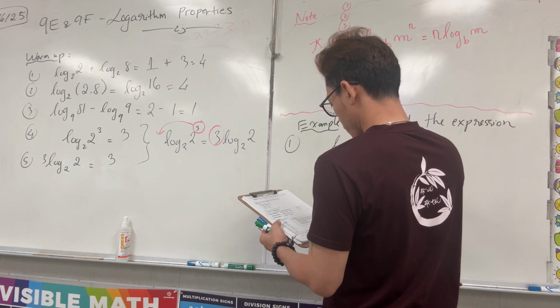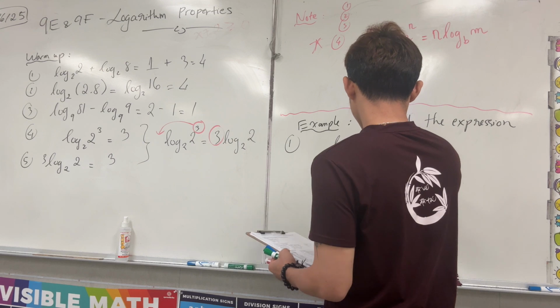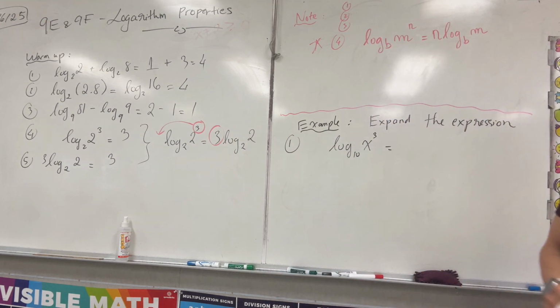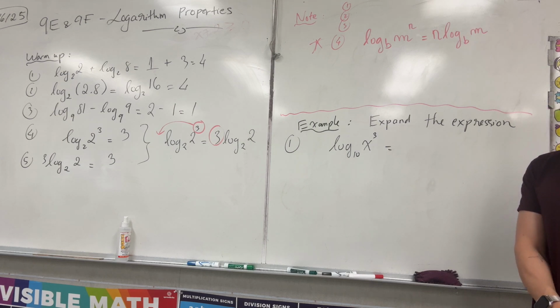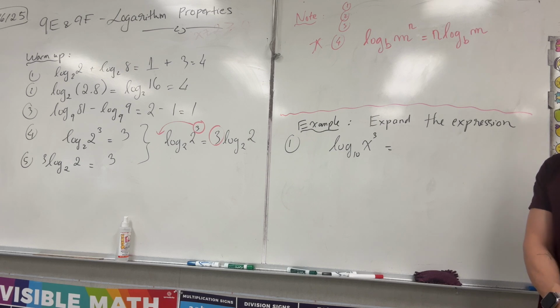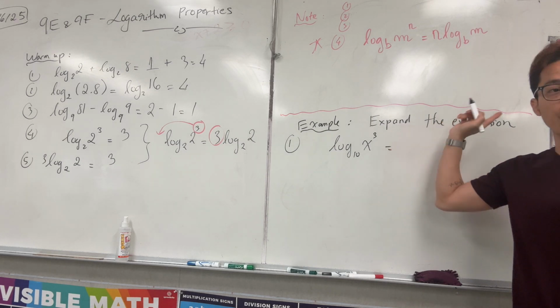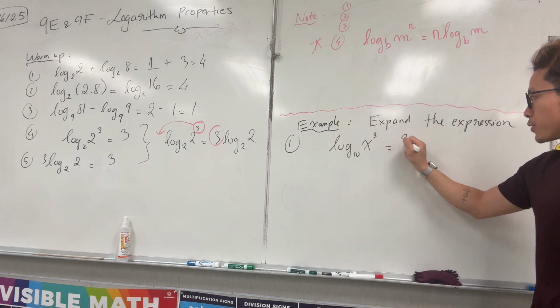Easy one. What is it equal to? Just 3. What is it equal to? So the power, you're going to bring the power to the front. So you're going to have 3.